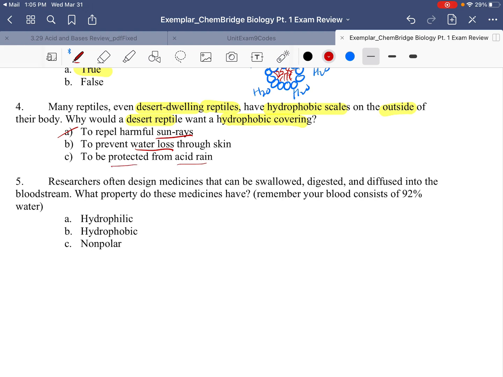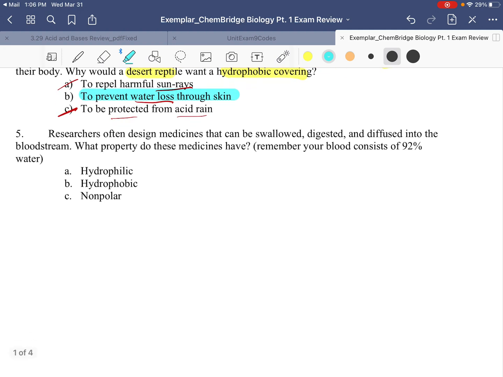Although we do deal with water with rain, it's not specifically acid rain, so our best answer would be B. A lot of those desert-dwelling animals live in very high heat where water can evaporate easily, so if they have that hydrophobic covering, it takes a lot more time for them to become dehydrated, so they want to maintain as much water as they can.